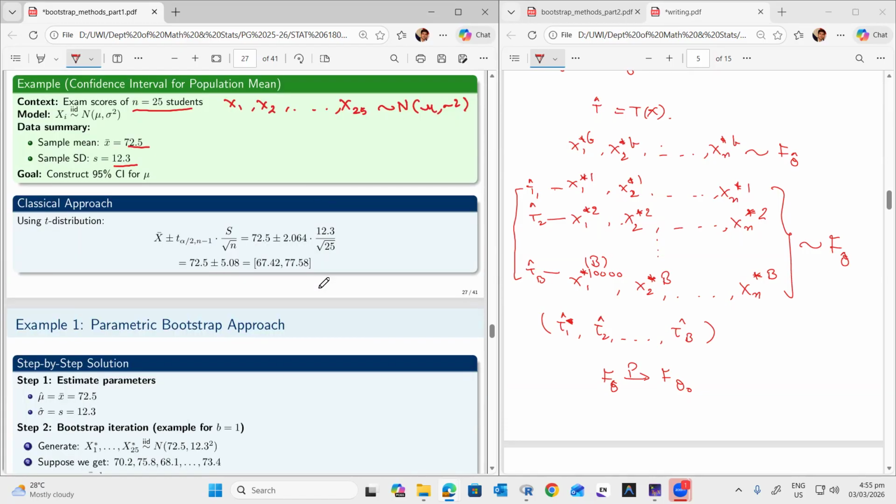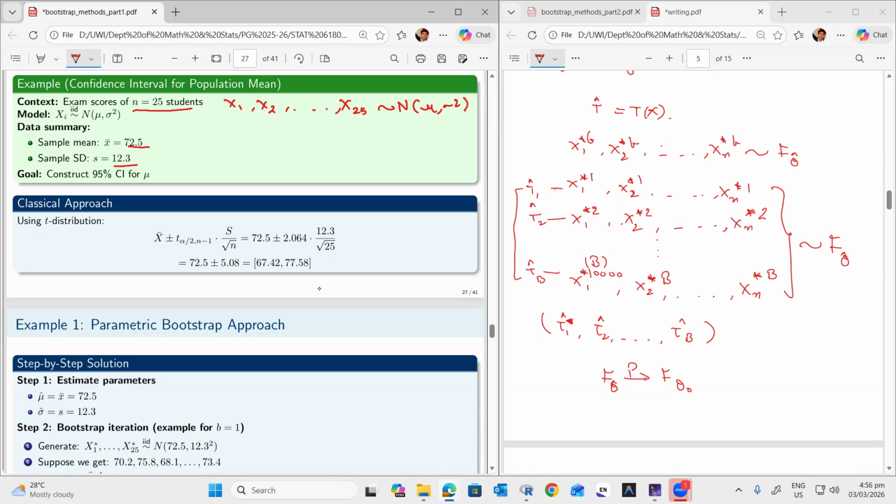So the classical approach says that because n is less than 30, that is a small sample, the confidence interval will be x bar plus minus t alpha by 2 with n minus 1 degrees of freedom, times capital S, the standard deviation, divided by the square root of n.